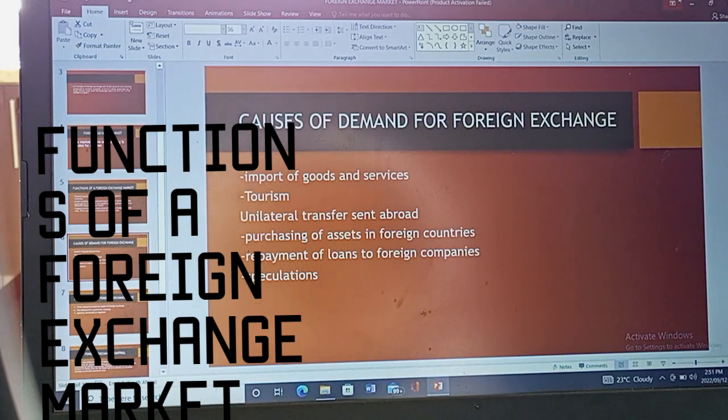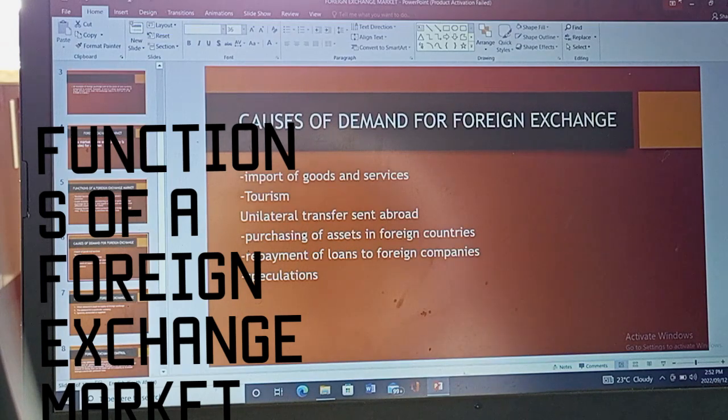So that is what we mean by purchasing of assets in foreign countries, and repayment of loans to foreign companies. If I have a company that does business with another company in another country, and we have done transactions, maybe I ordered a water purification machine from a company in China, I would definitely have to pay them in the Chinese currency.